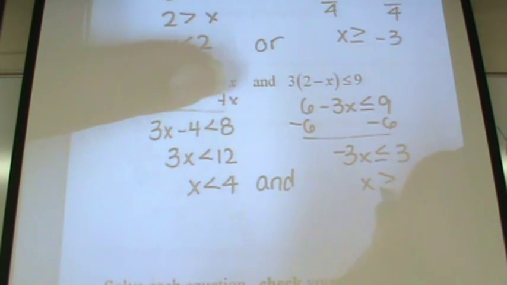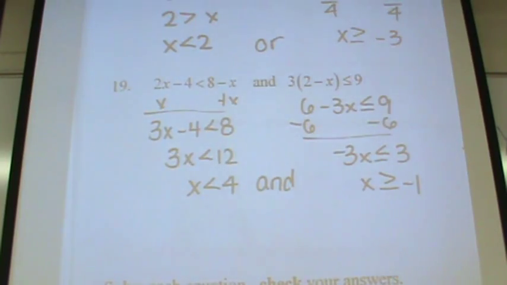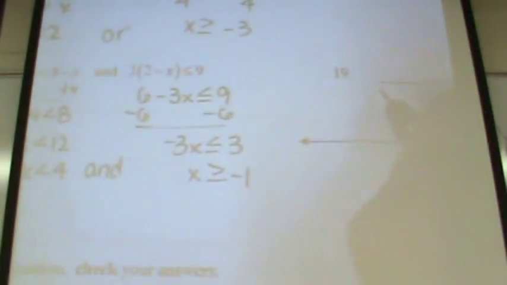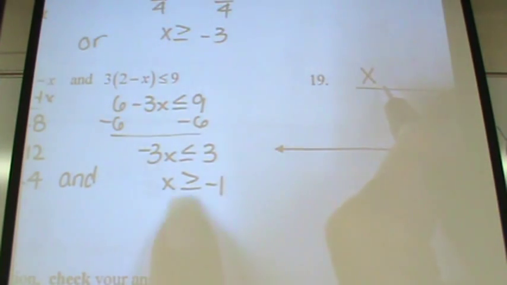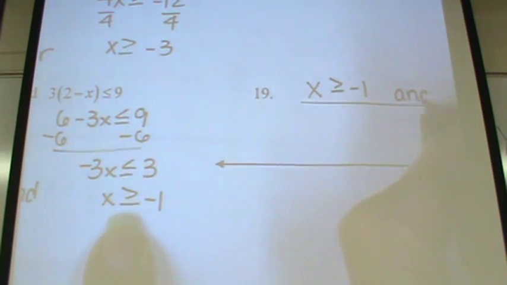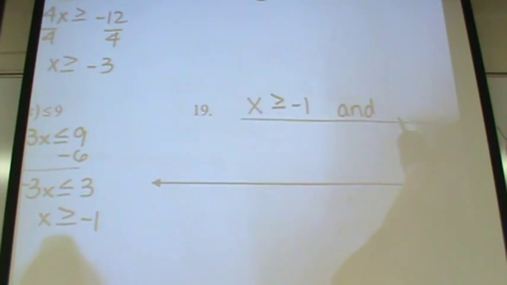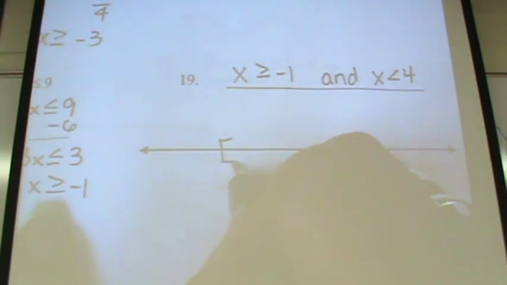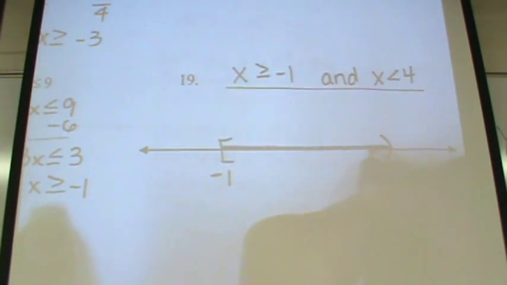Divide, and you're going to flip the sign, and you get negative 1. So we're going to put these in order. This is smaller. And x is less than 4 would be a bracket at negative 1, a parenthesis at 4, and you would shade everything in between.